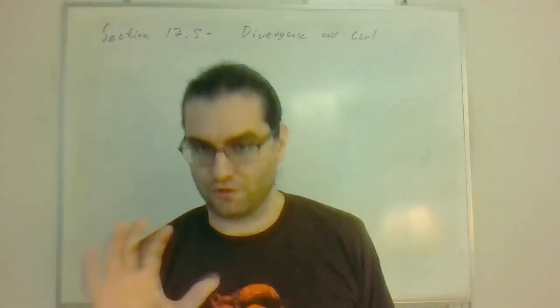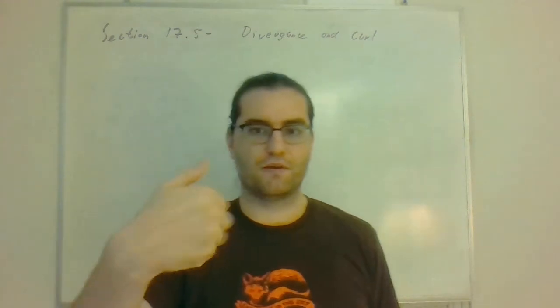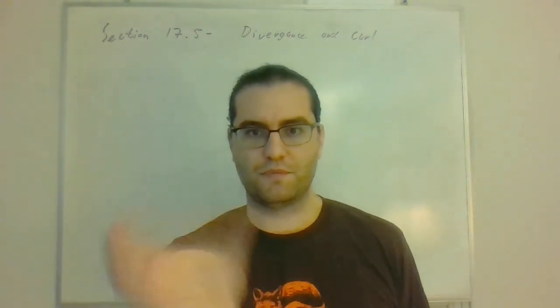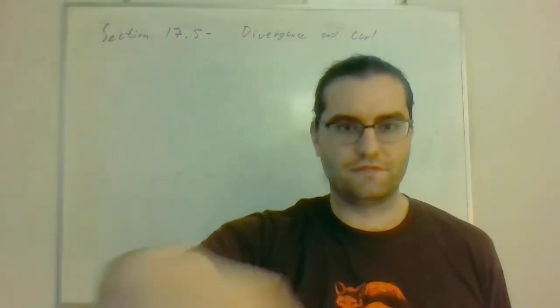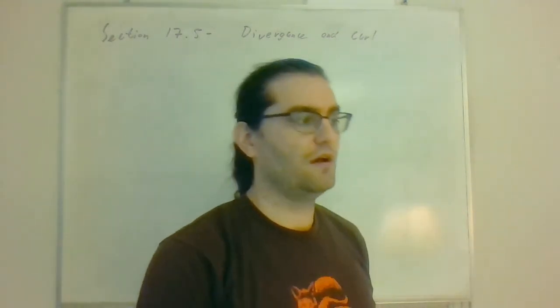And how fast will it cause it to spin? That's what the curl tells us, how much things are spinning around, or spinning to the left, spinning to the right at any given point on the vector field. So that's what they mean, generally.